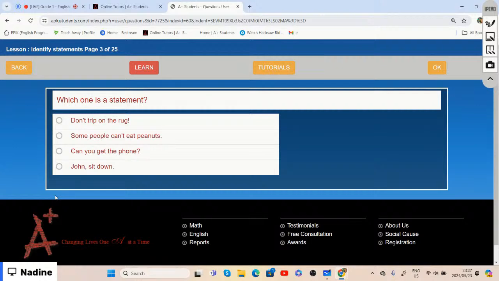If we look at the sentence, it says, some people can't eat peanuts.